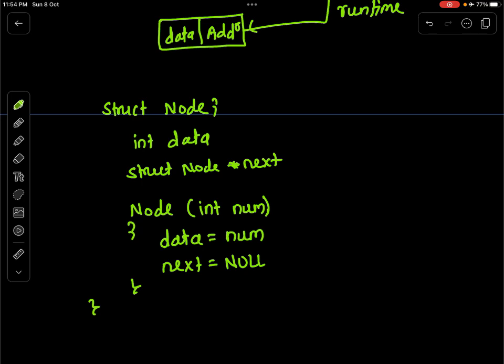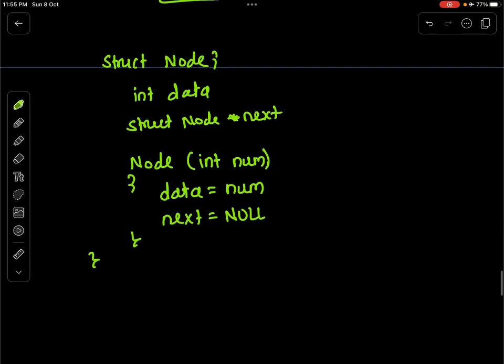So how does it work? Now say for example I need to create a new node. I will create it like this: node star new node equals new node of 7. Now how will it create a node?